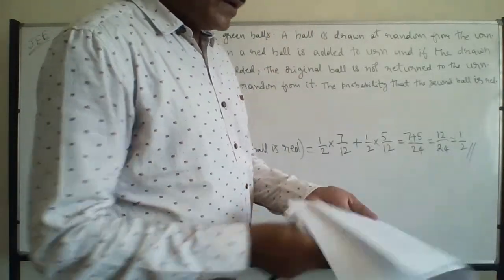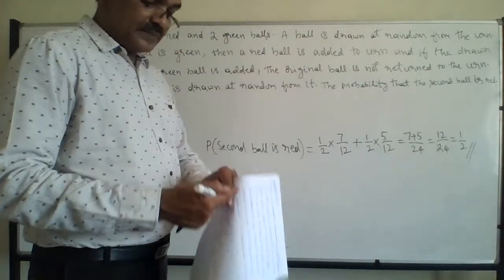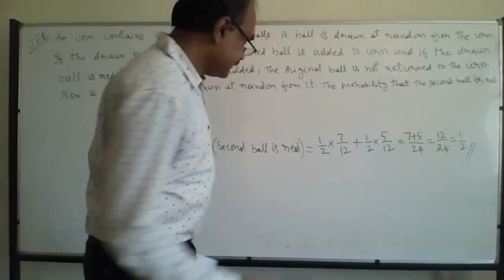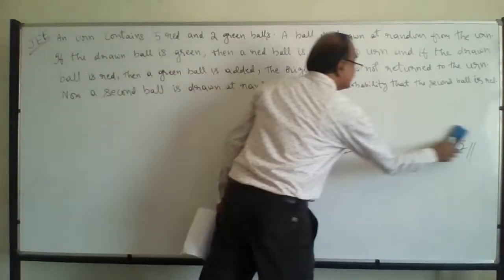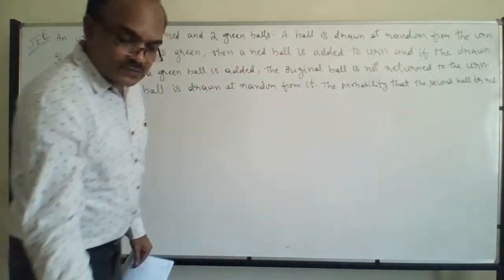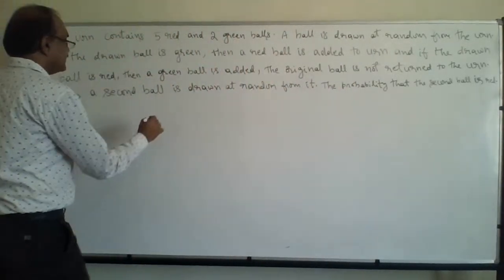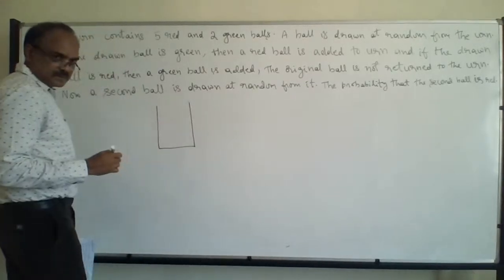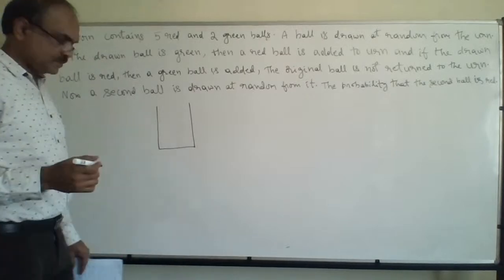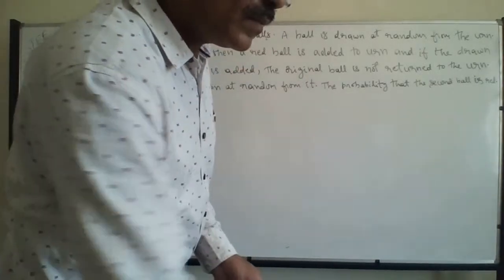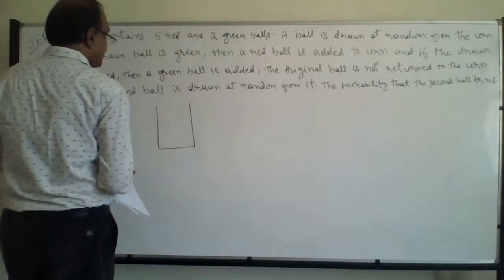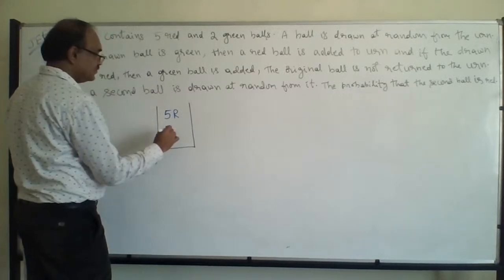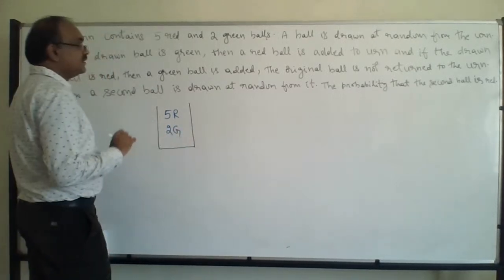So what we will do, we'll draw the similar diagram. Then the problem becomes very easy. An urn means a container. It contains 5 red, 2 green.